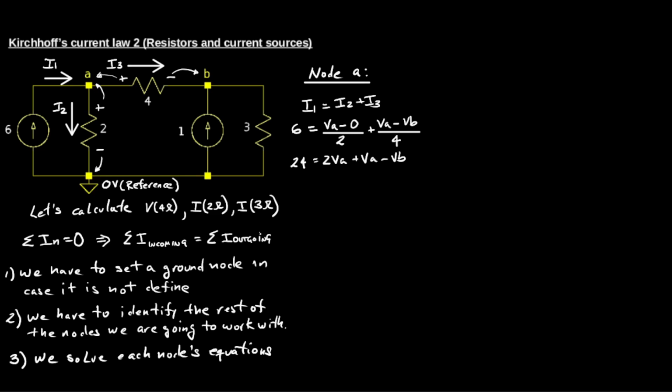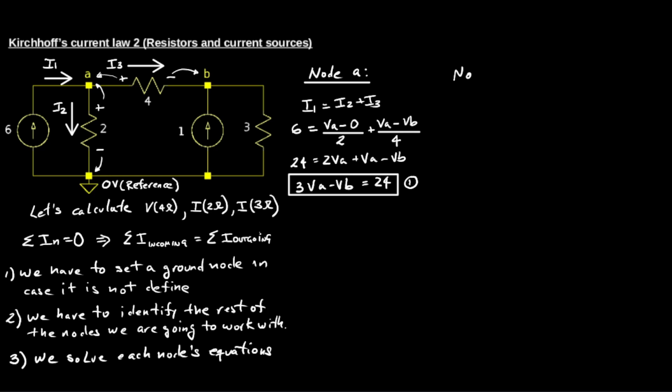So I2 equals VA, because the positive terminal of resistor 2 equals the voltage at node A, and the voltage of the negative terminal equals the ground node, so its voltage is 0 volt.